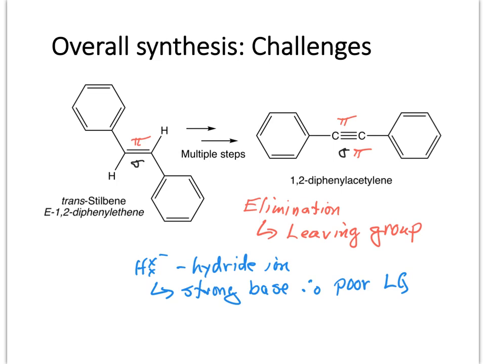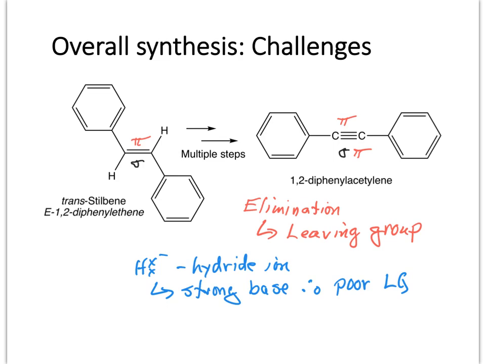And there's no easy way to substitute a better leaving group for one of the hydrogens, right? So the big challenge here is, how do we introduce enough leaving groups to make the two pi bonds that we need to make? Well, the two pi bonds are really the hint.